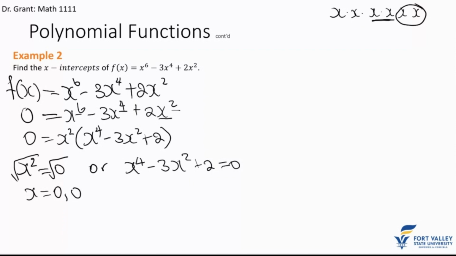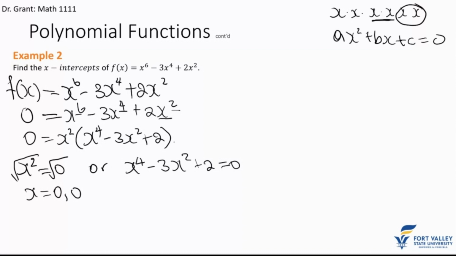Next, let's say we want to get the solution for this. Recall how we would factor a quadratic. If we have a quadratic, it's in the form ax squared plus bx plus c equals 0.